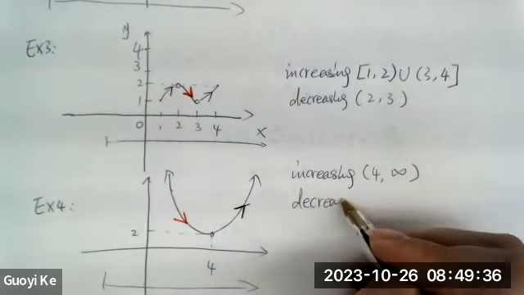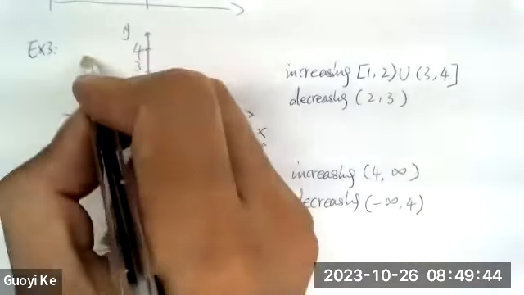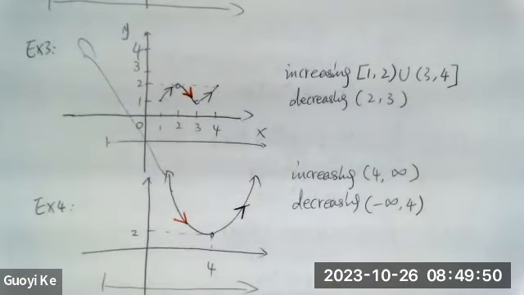Decreasing means from negative infinity to 4, because the curve goes down and the x value goes to negative infinity. Here is an open circle, that means we use round brackets.